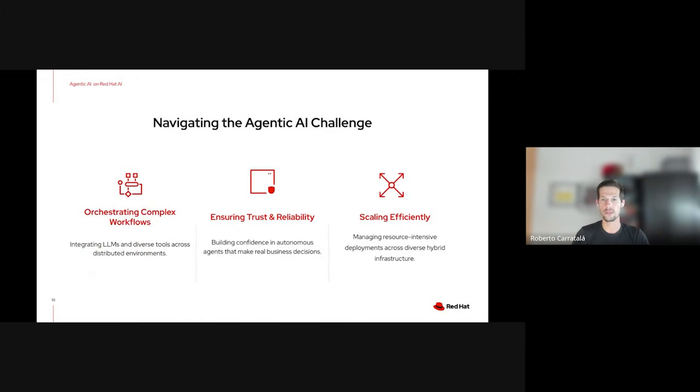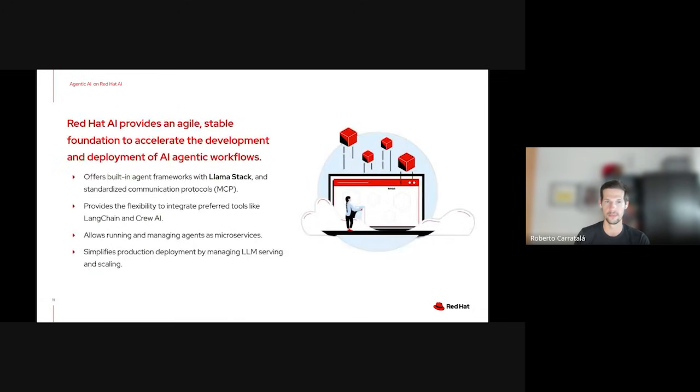And for that reason, Red Hat AI provides a robust, open hybrid platform to accelerate your journey and simplify intelligent automation from experimentation to production. And as we also saw, Red Hat AI offers built-in agent frameworks with Llama Stack and standardized communication protocols like MCP.